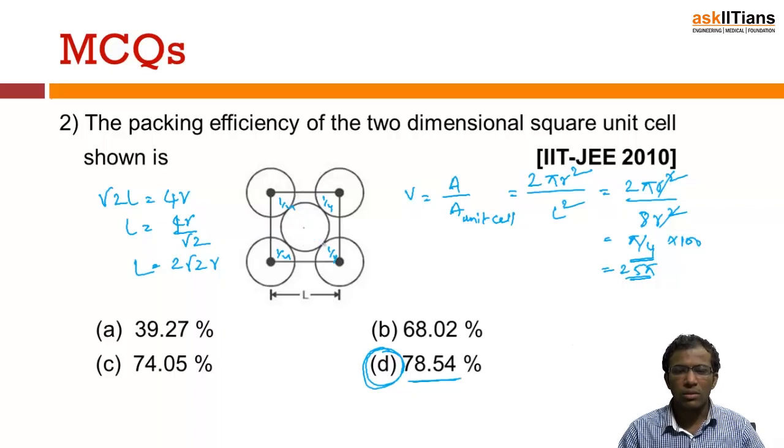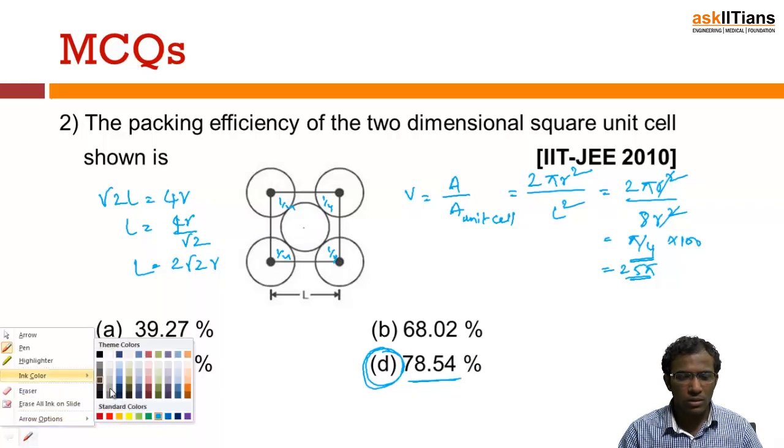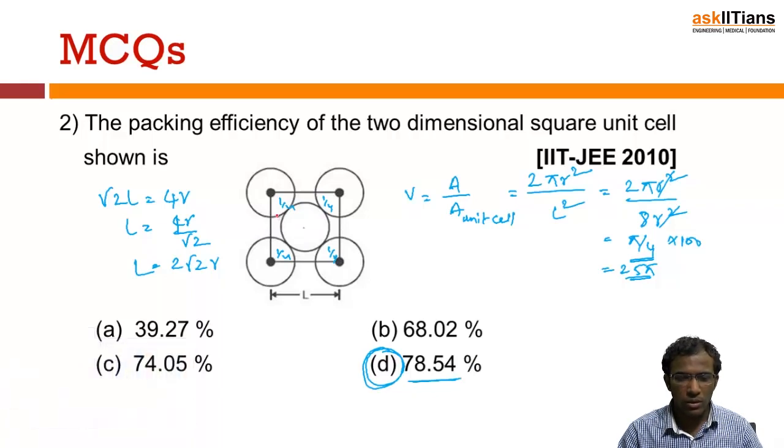So you will get 78%. That means the particles inside occupy 78.54% and the remaining around 22% is void space, this one, this one, around 22%.